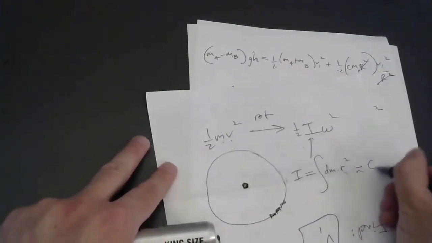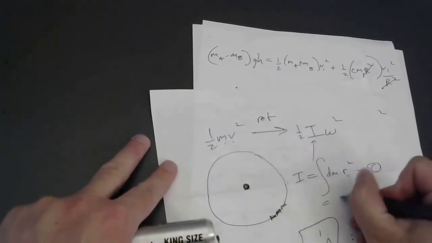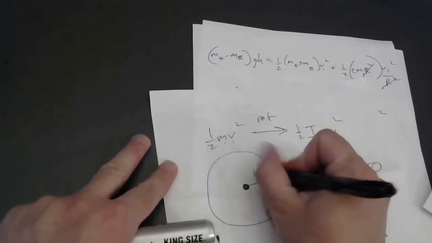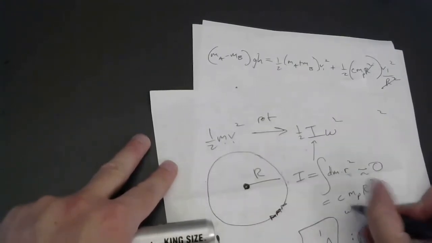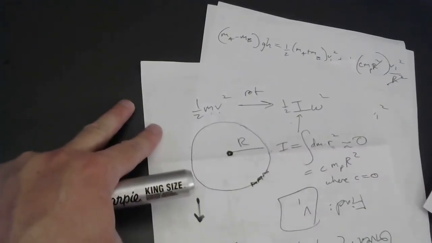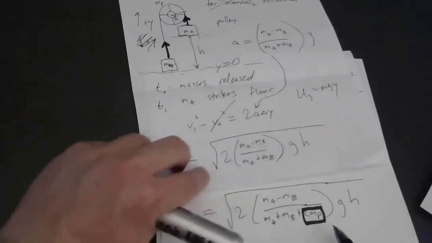So this would come out to be basically 0. And you could write that as C times MR squared, where C would be 0. So if the pulley is either massless or it has all of its mass concentrated at the center, either way, this goes to 0, and you would recover the familiar expression.